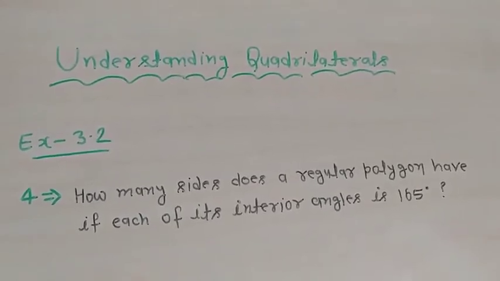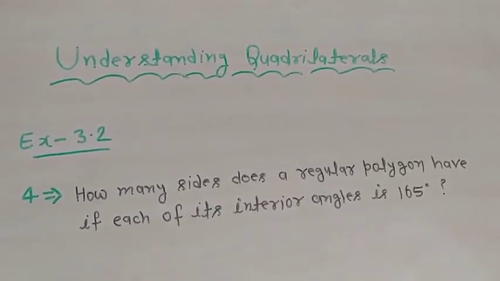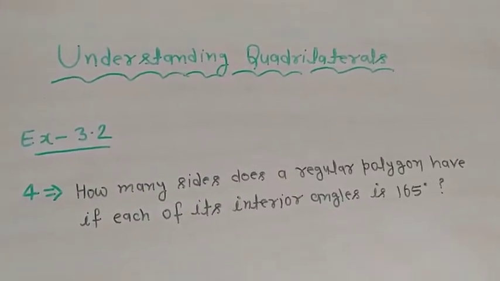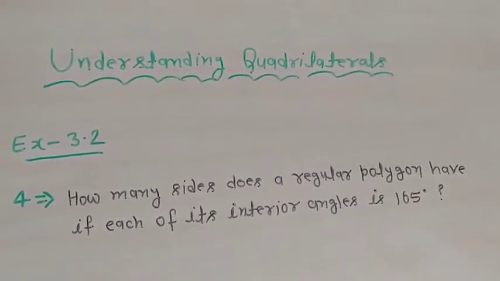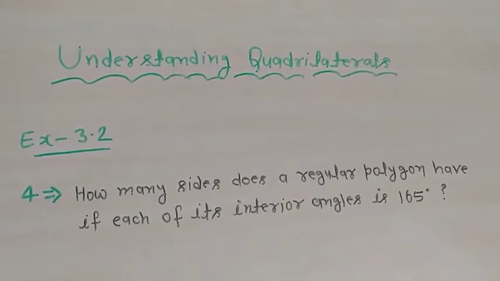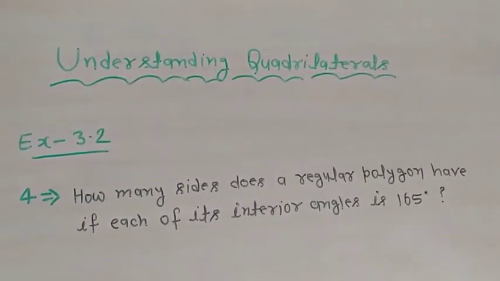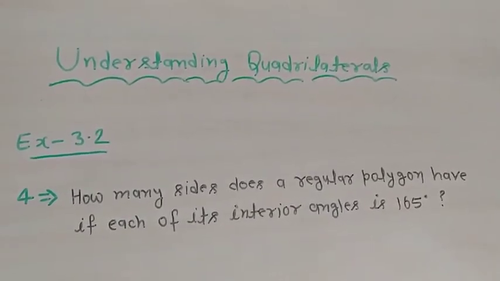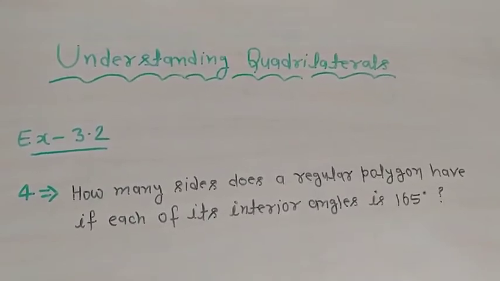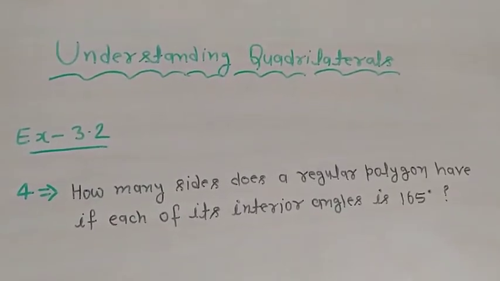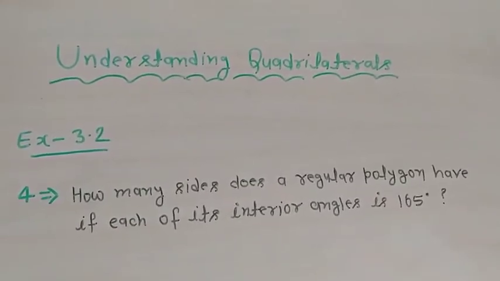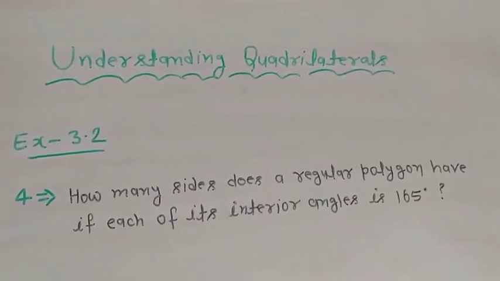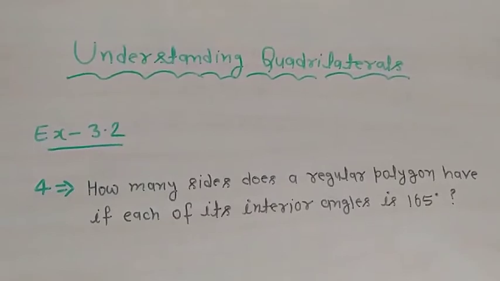But also we know that sum of interior angle and exterior angle is equal to 180 degree. So we use this formula to find the exterior angle, and after this we use the formula of number of sides of a regular polygon is equal to 360 degree by exterior angle. Okay, so let's see how to solve these questions.